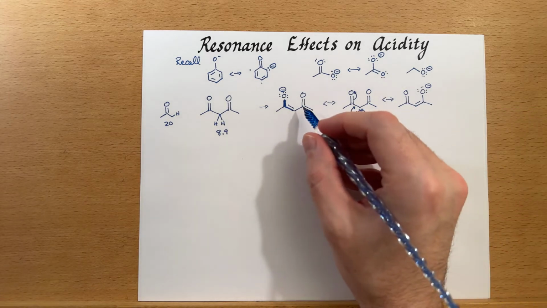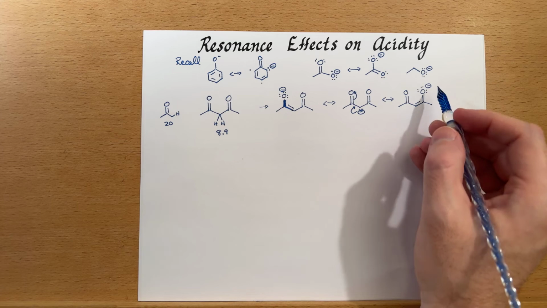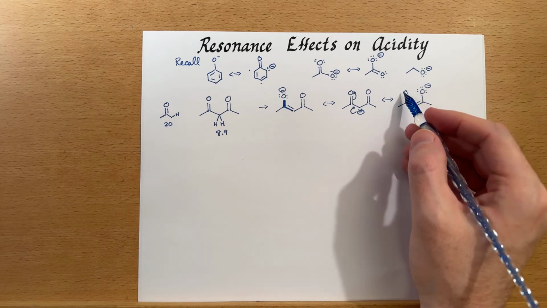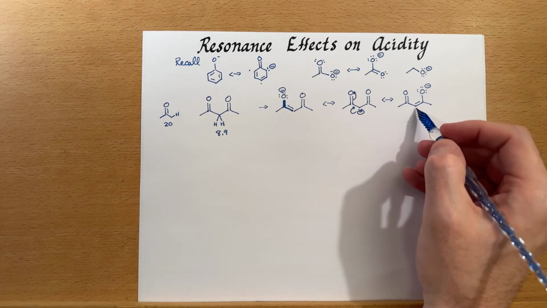So I have 3 resonance structures, and they move the negative charge. They're sharing it between these 2 oxygens, which are electronegative, and this carbon.